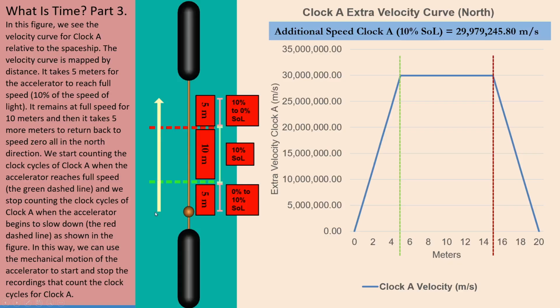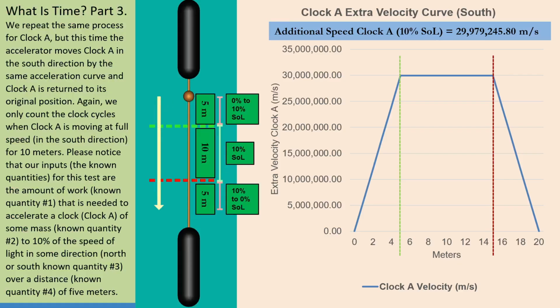The clock is moving in the north direction, and it gets accelerated over 5 meters until it reaches 10% of the speed of light. It stays at 10% of the speed of light for 10 meters, and then it begins to slow down over the next 5 meters until it reaches 0 meters per second at the end of this one run.